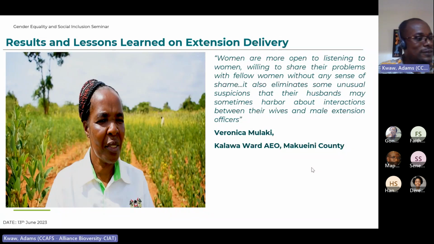And then also it eliminated some suspicion that usually their husbands harbor around their wives' interaction with the male extension agent. So it's an important thing we have to know that having more female extension delivery agents is key if we intend to promote women participation in our project activities, particularly when we are creating sessions for them to learn on innovations that we have created.